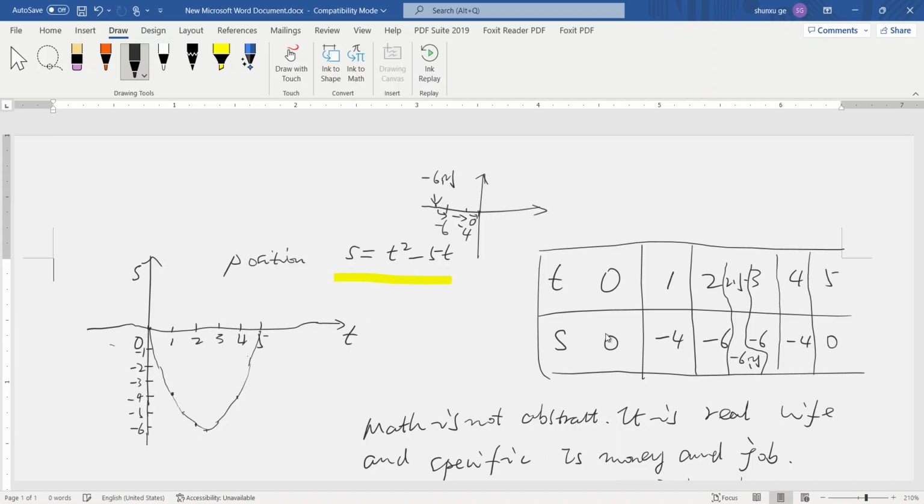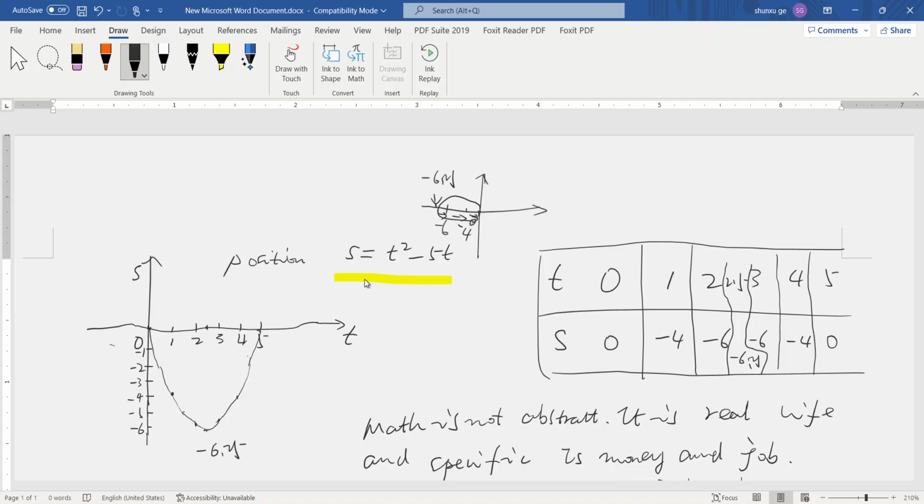T is 2, we get negative 6 here. And t is 2.5, we get negative 6.25. Okay, then t is 3, negative 6. T is 4, we get position negative 4. T is 5, we get 0. So s is 0, which means we take a round and go back.